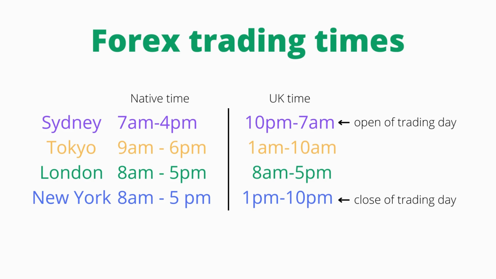When we see the session times, all it is, is where the majority of that destination's, or that currency's, transactions are going to be made. In the UK, our working hours, for the majority of us, are generally between 8 a.m. and 5 p.m. So basically the banks, corporations, and retail traders will be buying things, making big transactions, and of course trading the forex market.